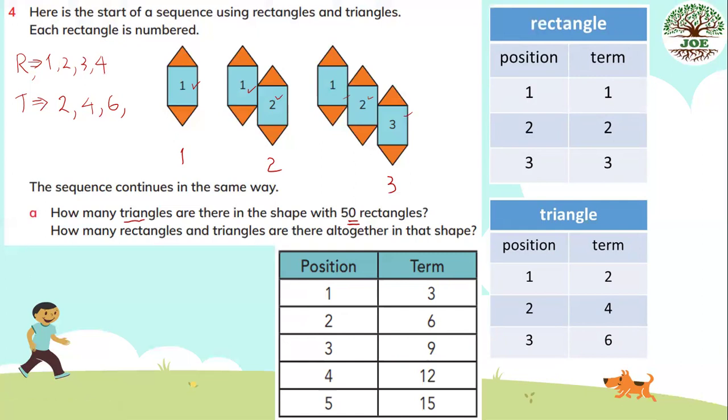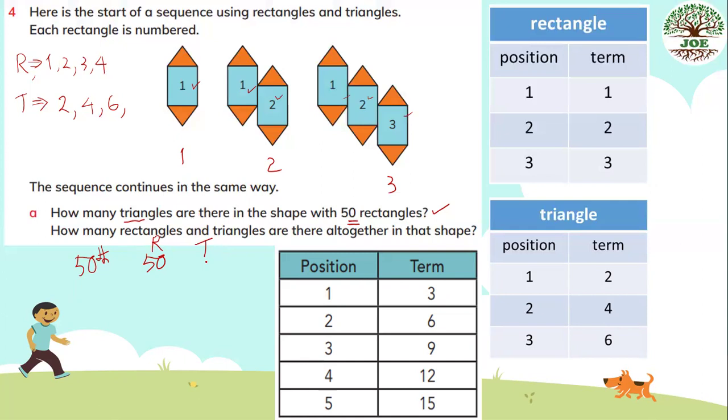First, for 50 rectangles, our position and term are the same, so our position is 50. For the 50th position, we have 50 rectangles. And how many triangles are there?